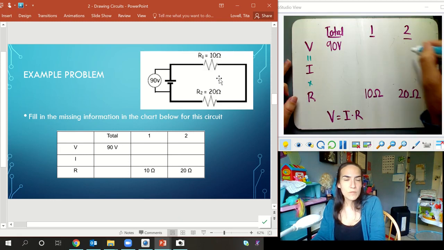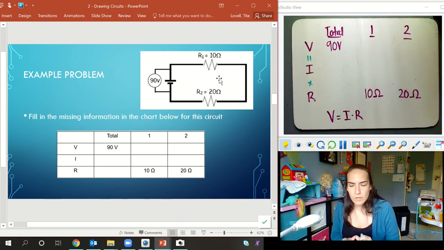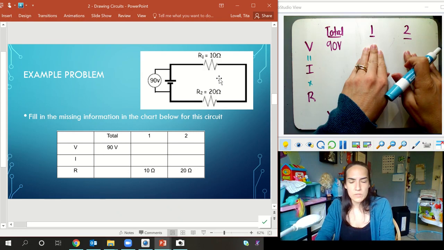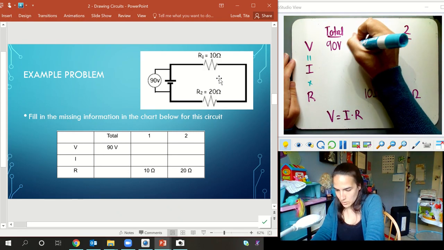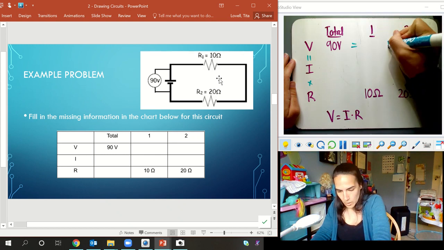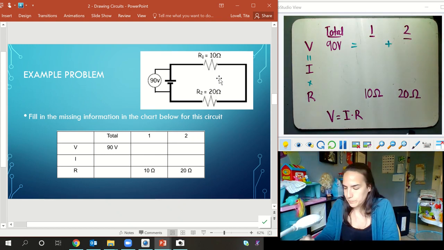When we go across here for voltage, we know that the total voltage in our circuit would be the addition of the voltage drop across each resistor. So I'm going to write some extra things here for you. The total is going to equal the first voltage plus the second voltage. I'm going to leave that blank for now since we don't have that information.